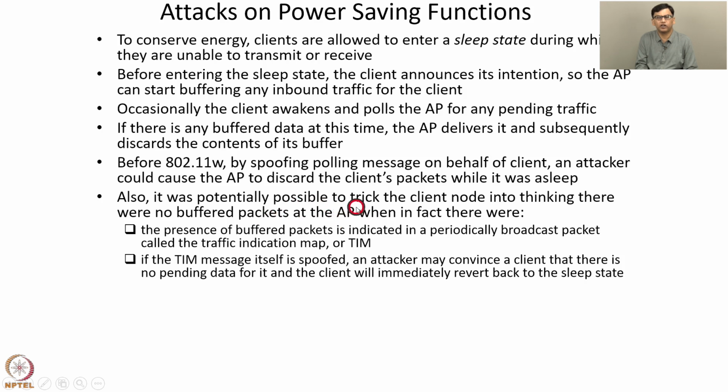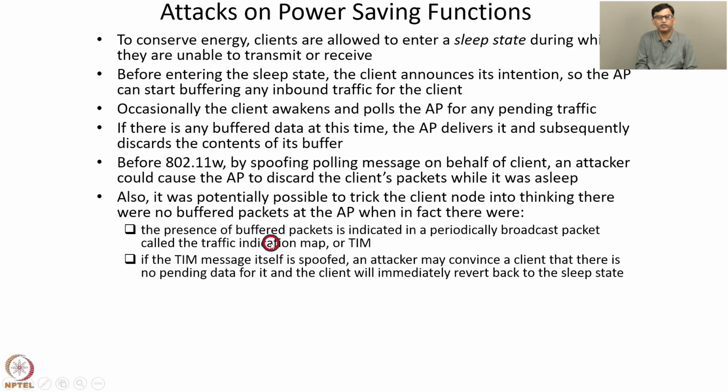So there is a bitmap in the TIM which indicates whether there is buffered data for a particular client or not. This bitmap indicates the availability of buffered data for each client which is associated with the access point.